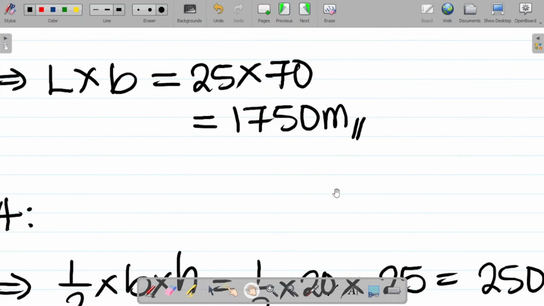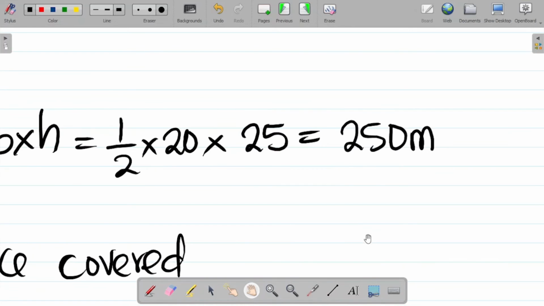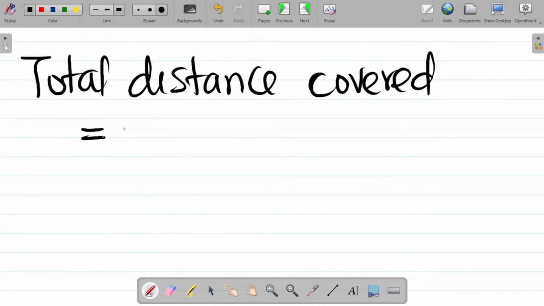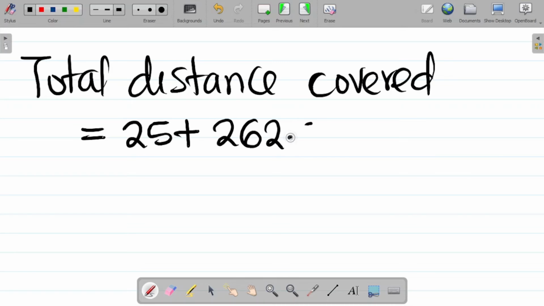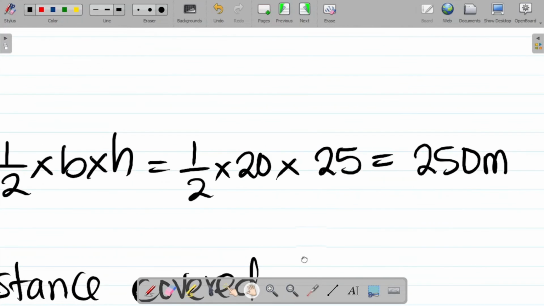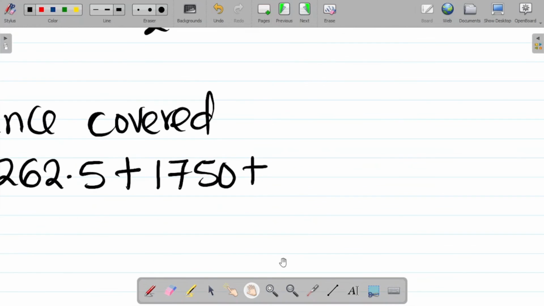For section 3, we have 1750. For section 4, we have 250. So let's add them together. For section 1, our value was 25, plus for section 2, our value was 262.5, plus for section 3, our answer was 1750, plus for section 4, our value was 250.